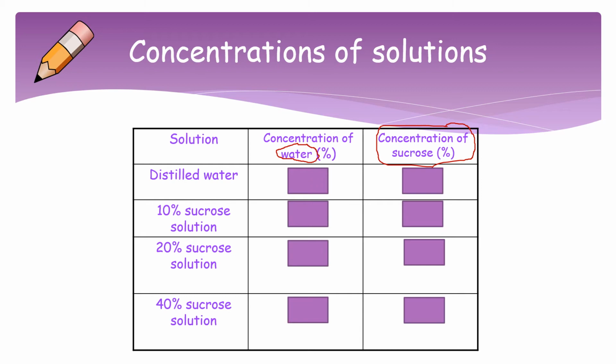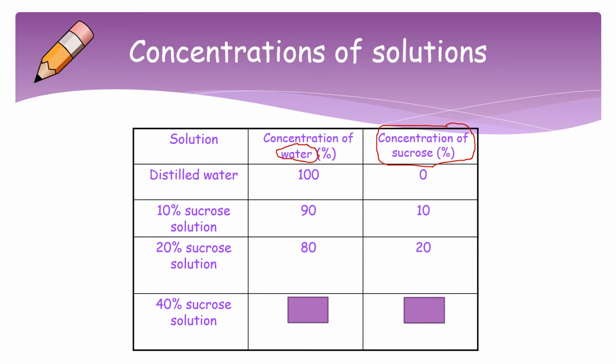For distilled water, you're going to have 100% water and you will have 0% sucrose concentration. For 10% sucrose solution, you will have 90% water and 10% sucrose. For 20% sucrose solution, you'll have 80% water and 20% sucrose. And then for 40% sucrose solution, you would have 60% water and 40% sucrose.